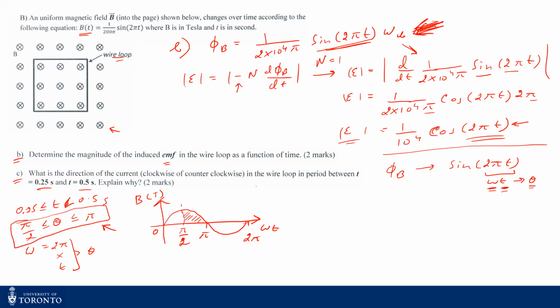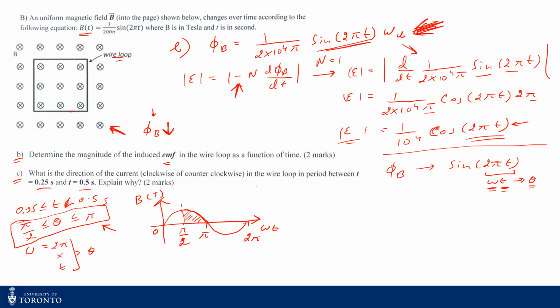So in this region, you see my magnetic field is decreasing into the page, right? So my phi b is also decreasing into the page. Now by Lenz's law, remember, it should try to oppose the change. So a current will be induced in the loop such that it opposes the change. My change is that the flux is decreasing into the page, so my induced current should try to increase this flux, opposing the decrease.